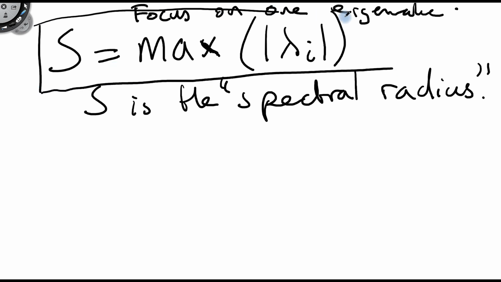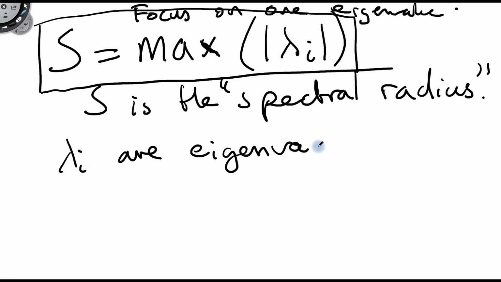If you've got your B matrix, remember, the lambda i's are the eigenvalues of B. So once you have B, you can compute your eigenvalues, take their absolute values, and convert to the spectral radius.